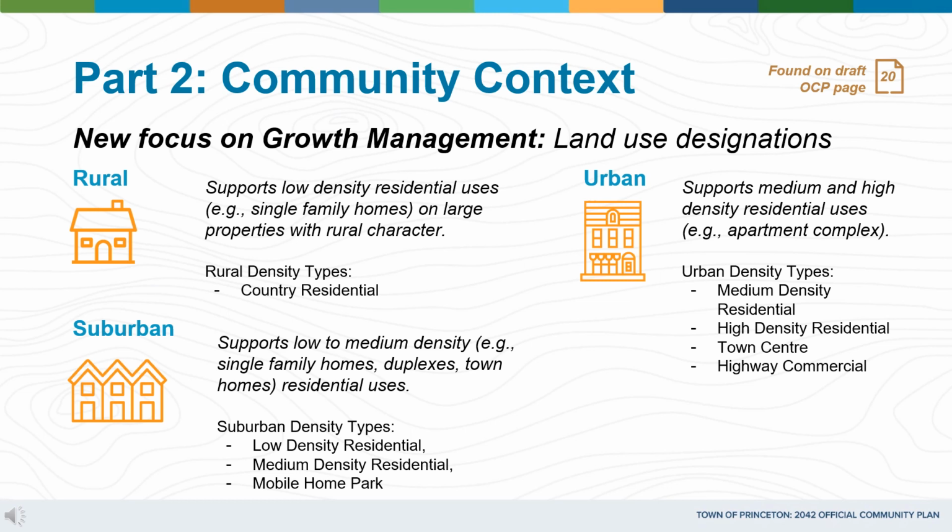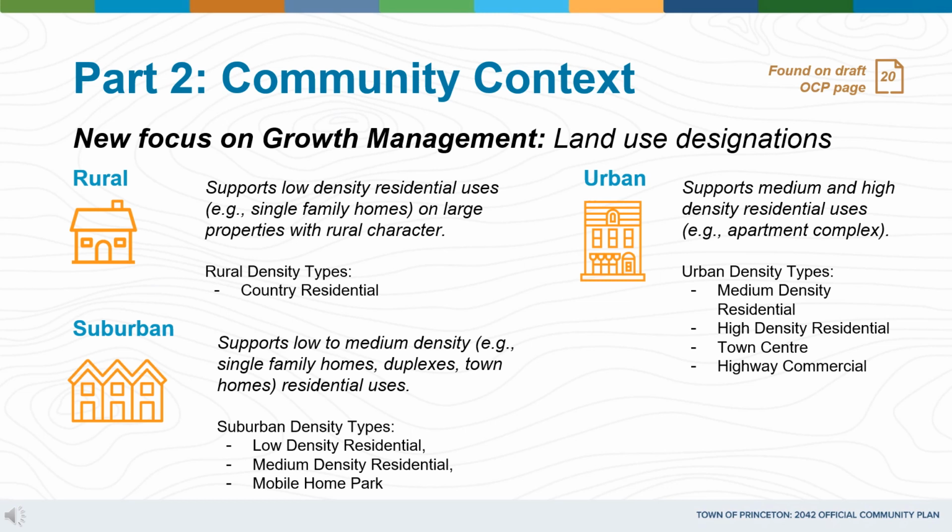The rural designation is intended to support low-density residential uses on large properties with rural character that may or may not be serviced with a community water system and community sewer. Accessory dwelling units will be evaluated on a case-by-case basis based on infrastructure and servicing capacity. Residential uses within this designation allow for single-family houses and accessory dwelling units.